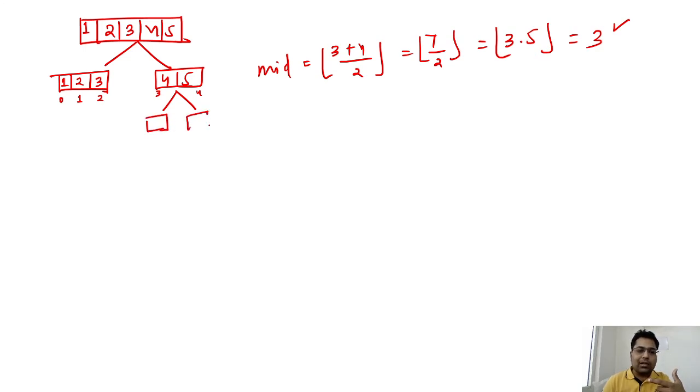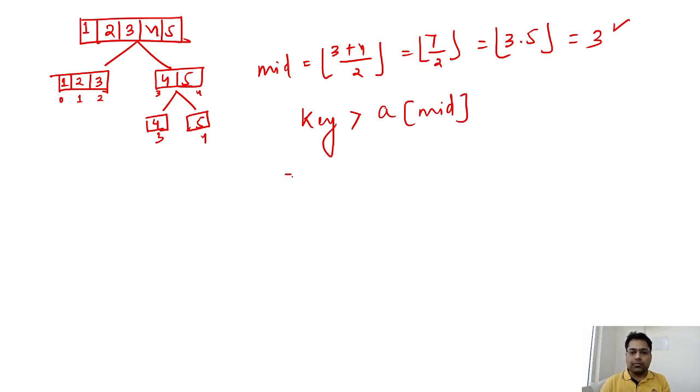Then we focus on 4. By default we know there are two elements, definitely we can divide it into two halves. So 4 and 5. Here again we can check whether the key value is greater than a of mid or not. Mid is found as here is 5, a of 3 we know is this half.